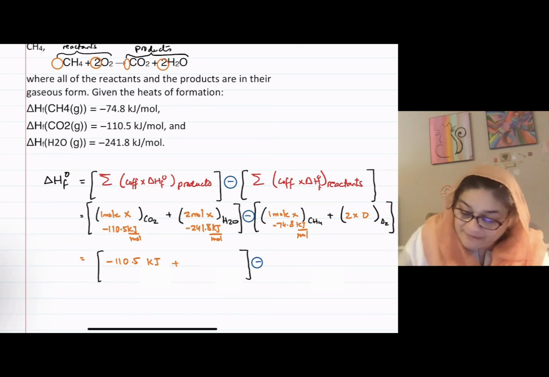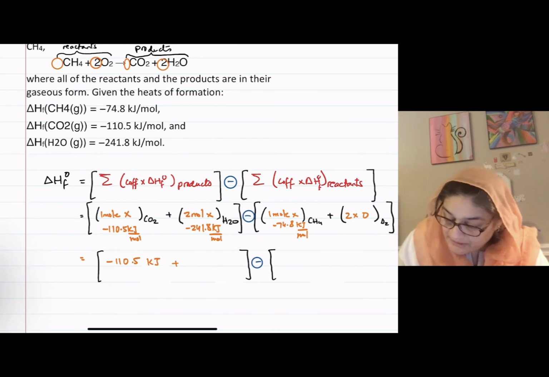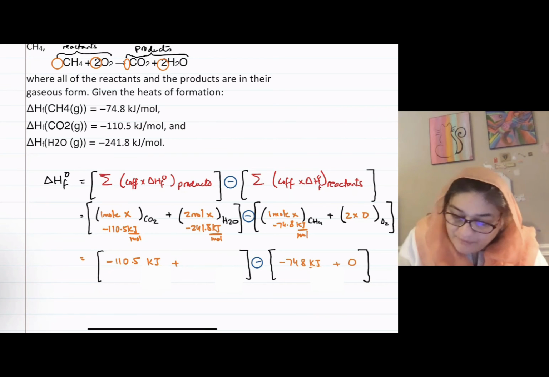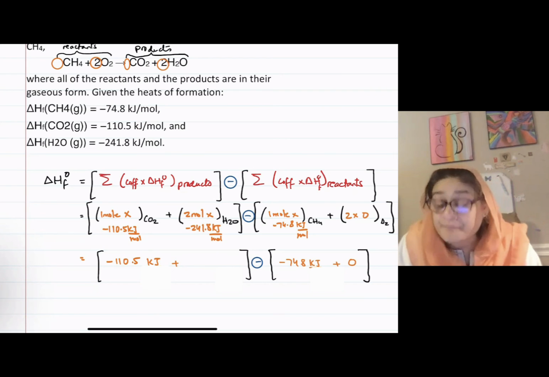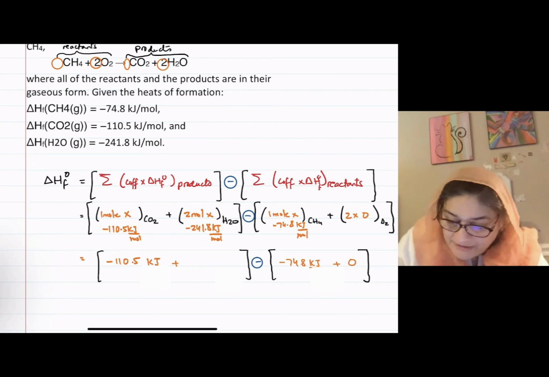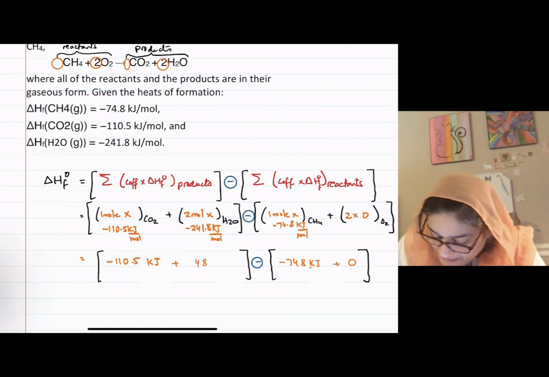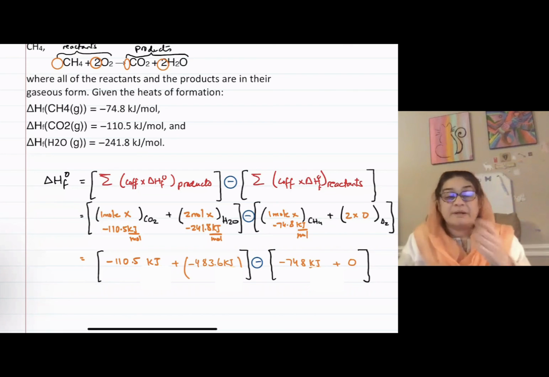And then we will have again negative 74.8 kilojoules plus 0. Somebody give me a number for this: 2 times 483.6, and it's negative though. Yeah, negative, right?